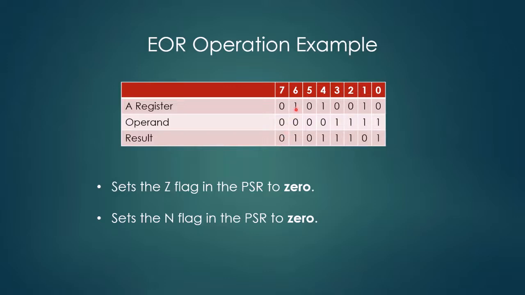But if the bits are different, the result is 1. Different means 1, or I'm sorry, the same means 0, different means 1. Here they're different, here they're different, here they're the same, giving a 0, and finally these two are different, giving a 1. And exclusive OR sets the Z flag and the N flag in the same manner as the other operations.